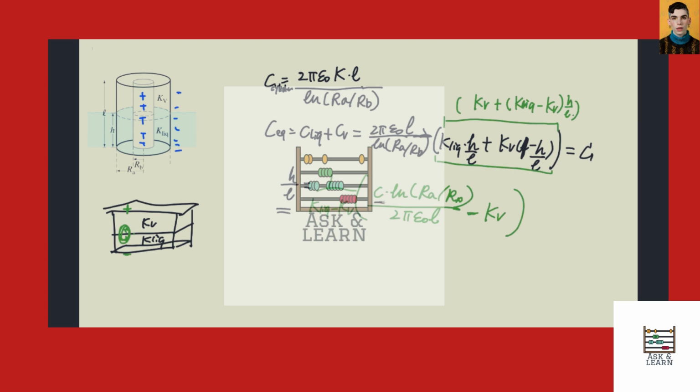And then in part B, we're given the actual numbers, and we ask what values of capacitance correspond to the tank being completely full and completely empty. So now we have to go back to this expression.